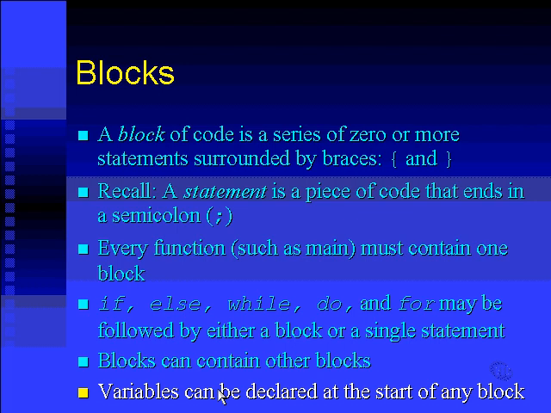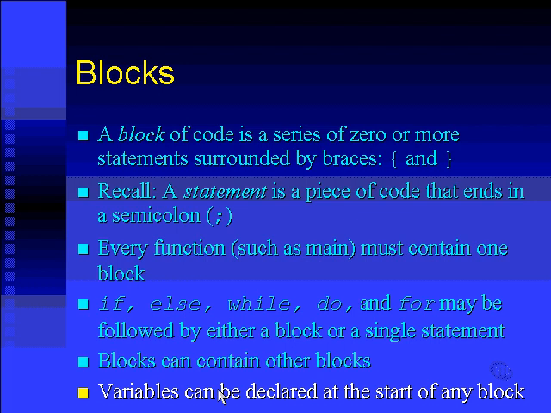But I'm going to extend that rule now slightly and say to you that variables can be declared at the start of any block, even if it's within an if statement or within a for loop or anywhere like that, as long as it is at the beginning of a block. That's the only thing you have to remember. You can't declare a variable if a statement has already been issued within a block.